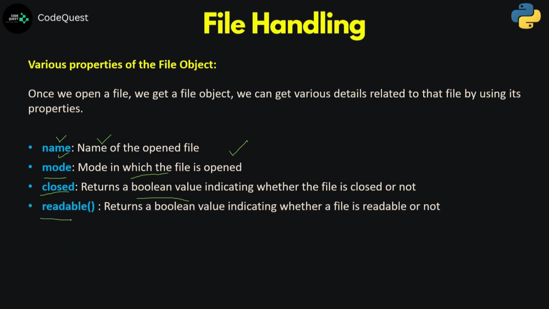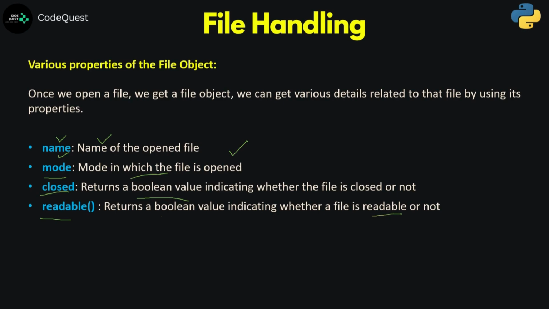Now readable. Suppose you're opening a file in read mode, or I open the file in r+ mode. These are certain occasions where I can say that yes, my file has been opened for a read operation to be done. So you can check whether your file has been opened and is in a readable format or not.